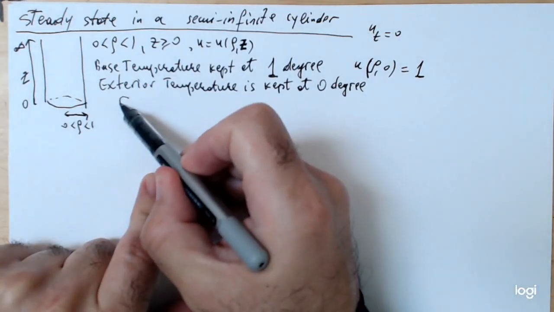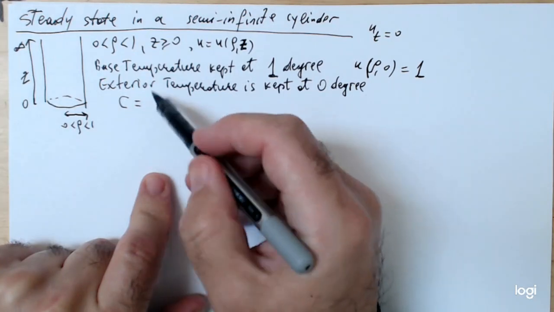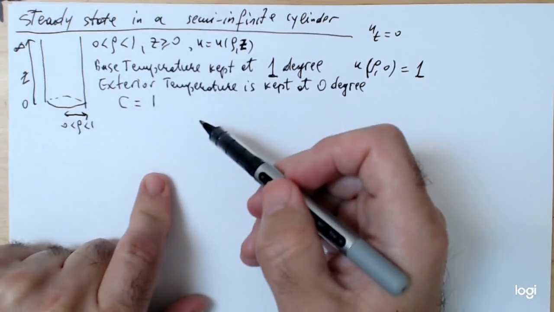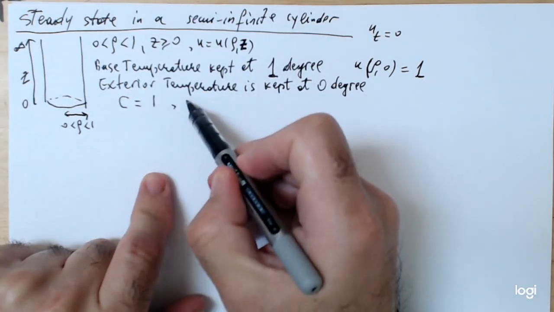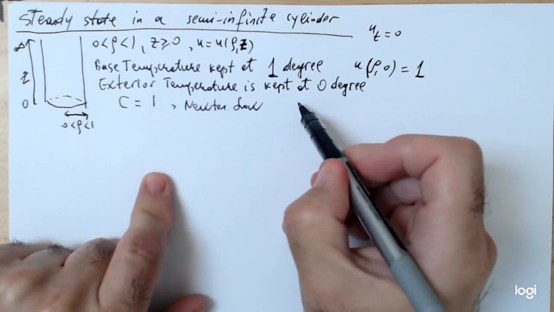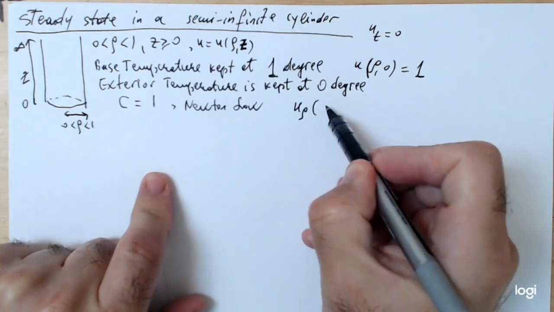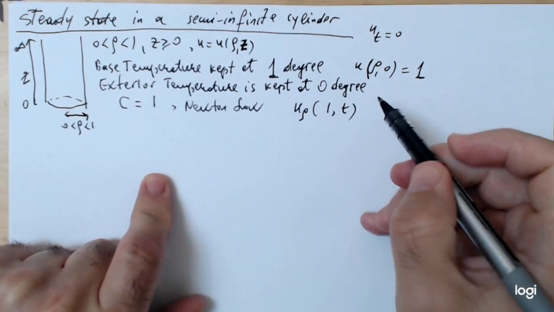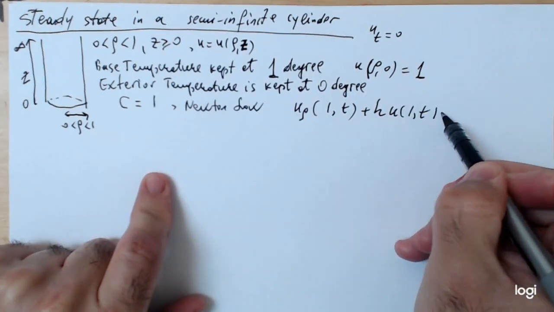In the previous part, just replace C with 1 in the boundary condition. And then from Newton's law of cooling, the boundary condition will be u partial rho at 1 plus H u at 1 equals 0.